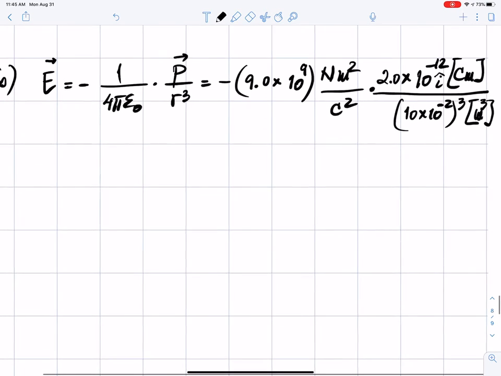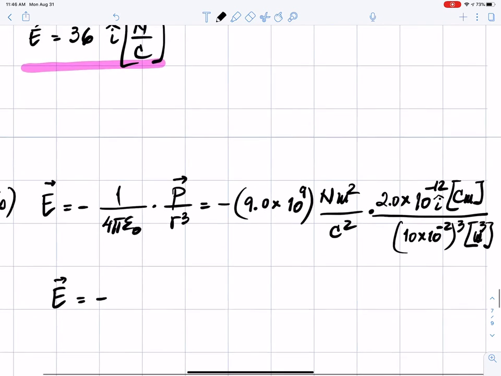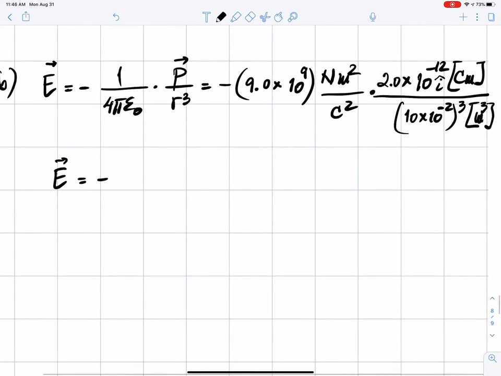And you can prove it geometrically based on a picture I just showed you above. All right, so let's see what we get here. We should get a half of what we got before. Yes, I'm getting 18, so negative 18. We can put i hat, and then this is Newton per Coulomb.